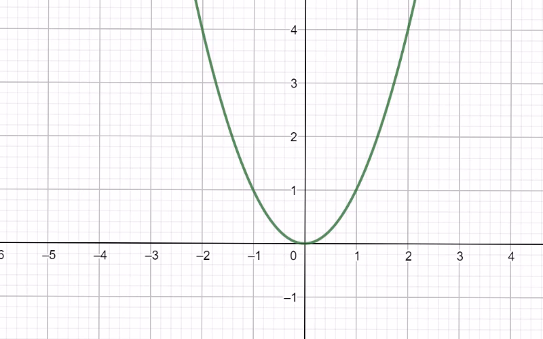So your basic y is equal to x squared, you can see goes through the point 1, 1, and minus 1, 1, it goes through the point 2, 4, and minus 2 squared is also 4.